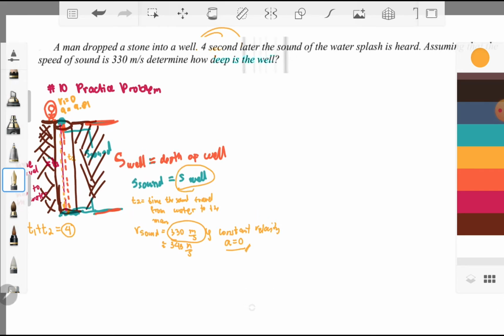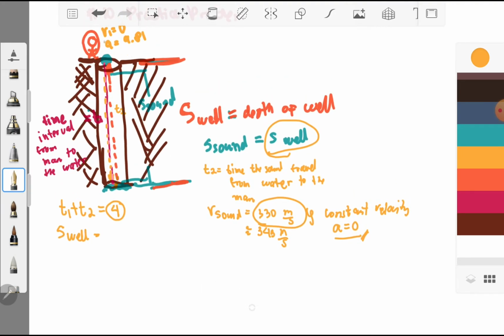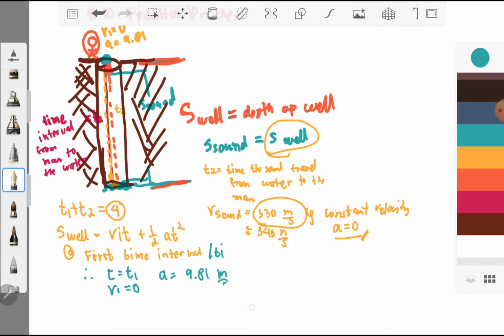Okay? So let us solve the problem by first solving for your T1 and T2 by identifying your S. What is our S? Well, take note that our S well is equal to Vit plus 1 half at squared. So at the first time interval, or your T1, my t is equal to T1, my Vi is equal to 0 and my a is equal to 9.81 meters per second squared.